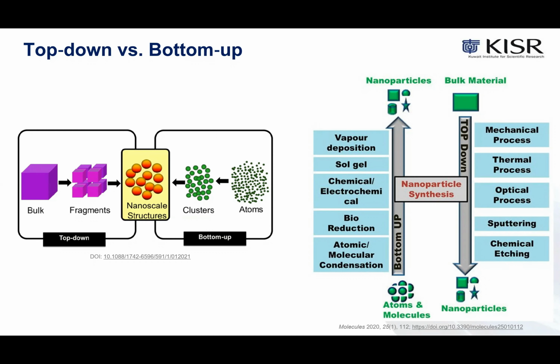This can be achieved by fabrication techniques, including mechanical, thermal, and optical processes, and chemical etching. However, the bottom-up approach attempts to build up complex entities by using the self-assembly properties of molecular systems. So basically, we require more chemical reactions.